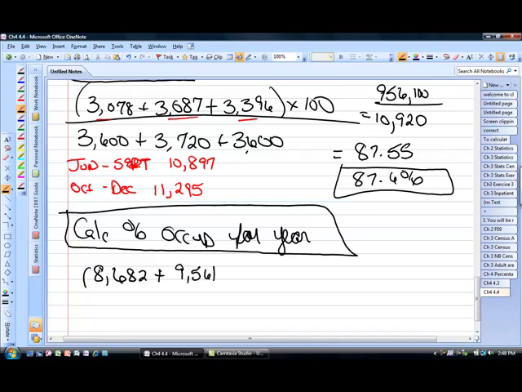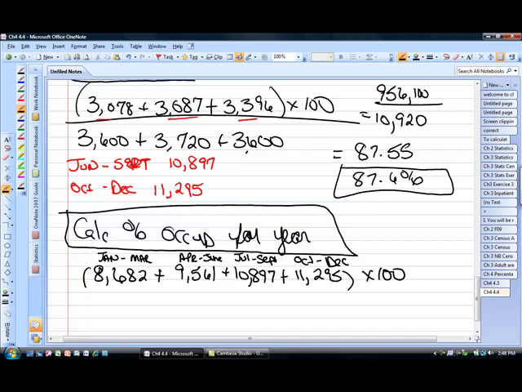These are the total inpatient service days for each quarter: January through March, April through June, July through September, and October through December, plus our 10,897 plus 11,295, and we're going to multiply all of that by 100.